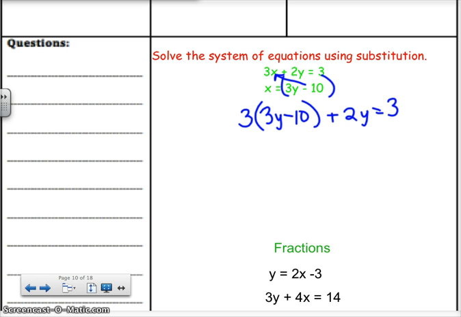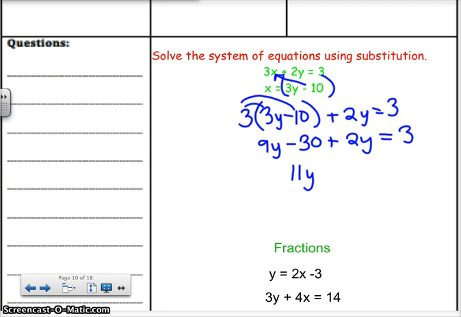That tells me I'm going to have to distribute. 9y minus 30 plus 2y equals 3. Combine like terms. 11y minus 30 equals 3. 9 plus 2 is 11.